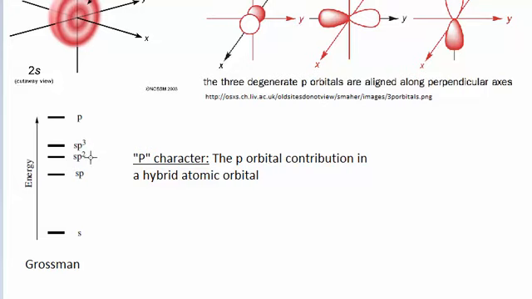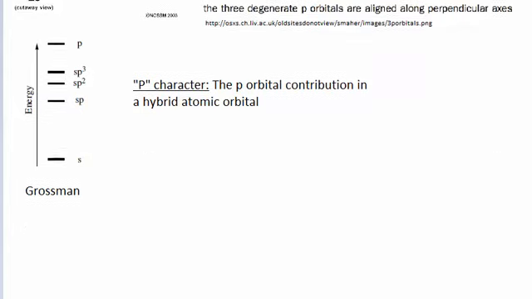Similarly, sp2 is around 66% p, and sp3 is 75% p, with p being 100% p. There are certain characteristics that come along with p orbital contribution. One of those being the more p character that an orbital has, the higher energy that it has. We'll talk a little bit more about that when we discuss hybridization, which is what we're going to do next.